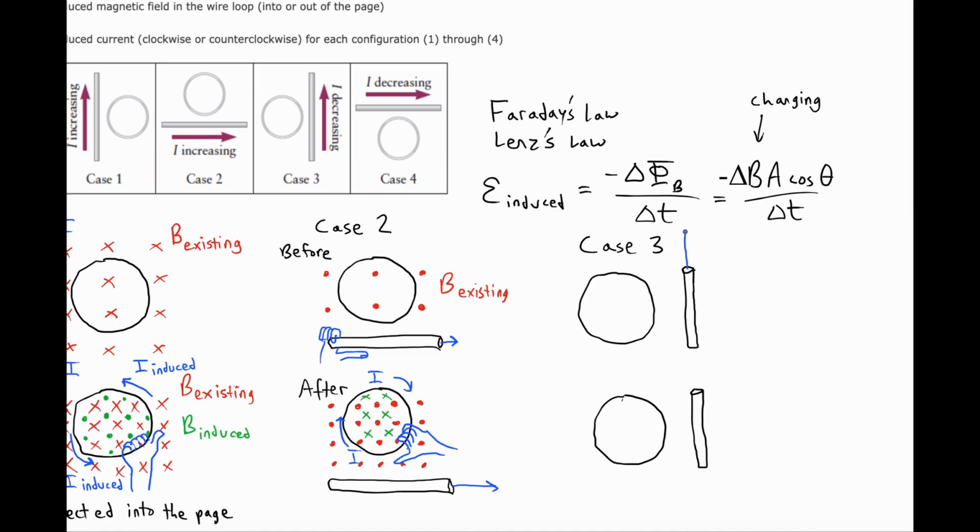Decreasing current means it starts large and ends up small. We'll do the right hand rule. Thumb points up. Fingers wrap around as such.